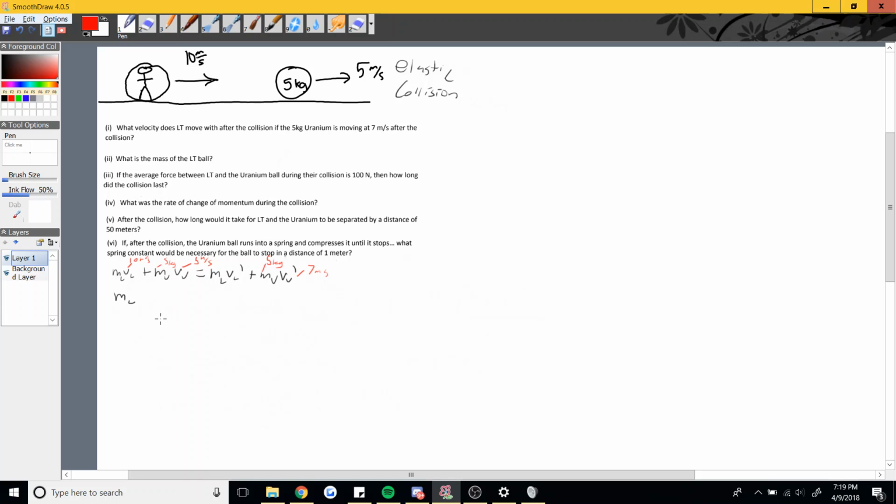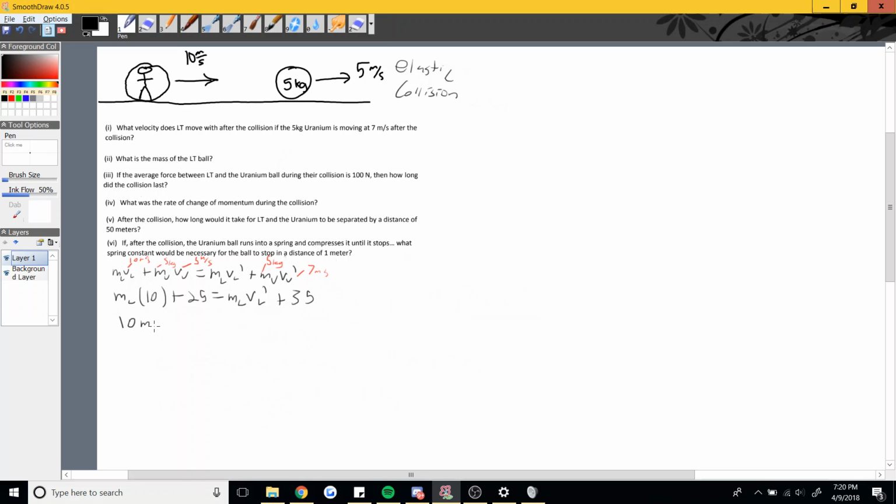So there's your 2 variables that we don't know. We're going to do ml times 10 plus 5 times 5, going to give you 25. Nailed it. ml vl prime, we don't know that, plus, hit him with a 35. And so we can simplify that further.